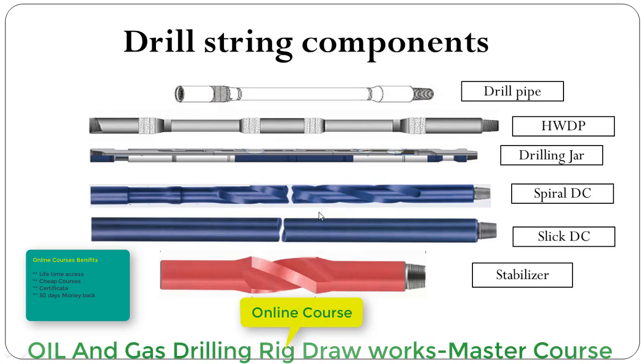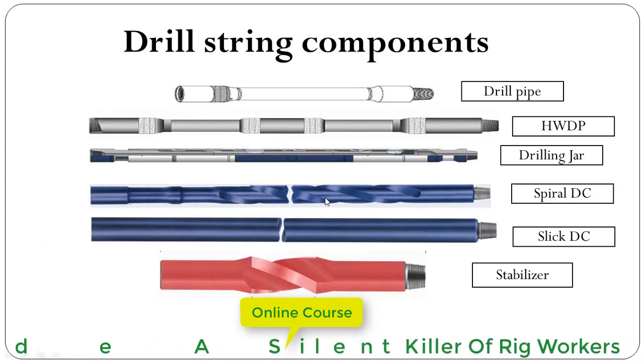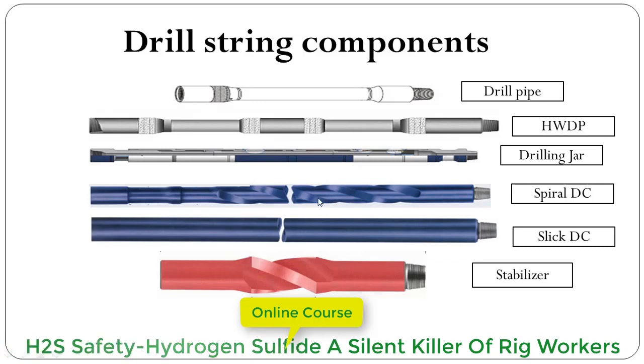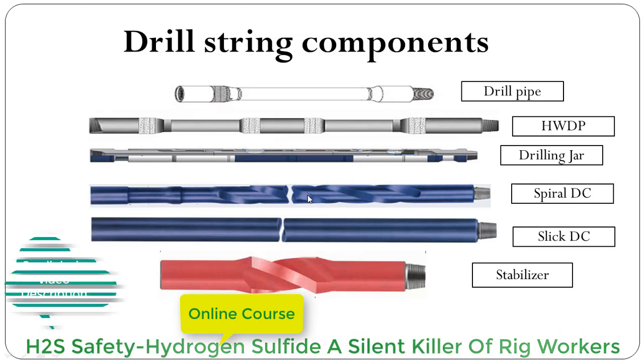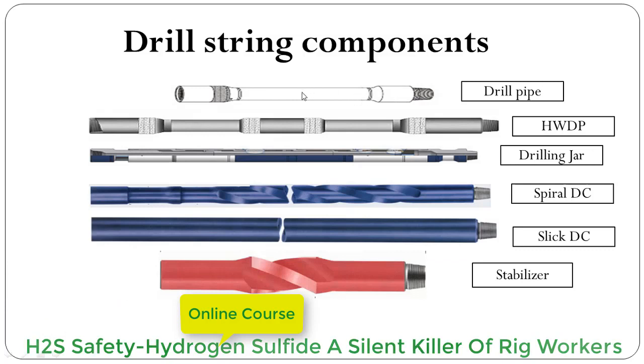They are used to provide the weight on the bit. Spiral drill collars are preferably used to prevent differential sticking. Drill pipes provide the necessary length for drilling the required depth of the well.